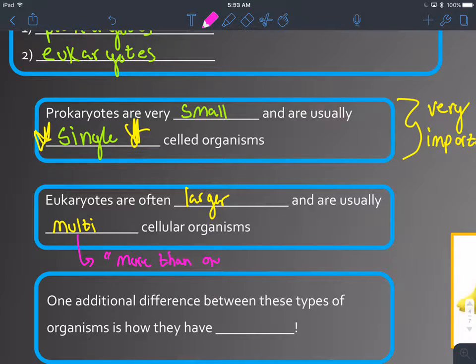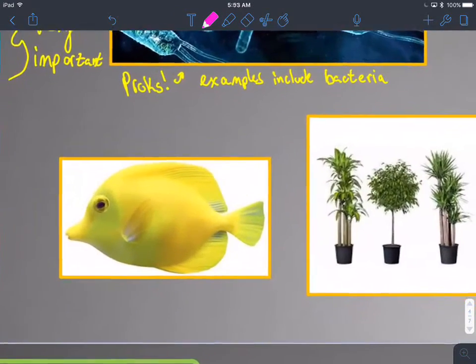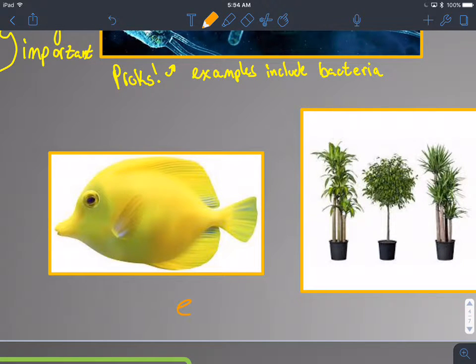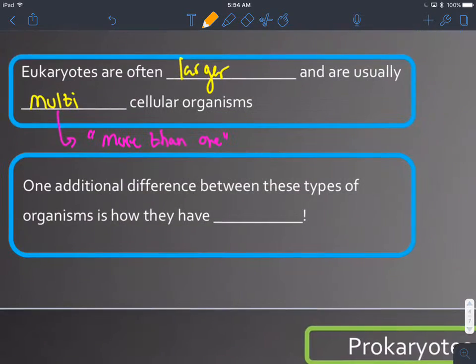So when you think of multicellular organisms, here's some examples of eukaryotes. Fish, plants, us, we are eukaryotes. One additional difference between these types of organisms is how they have sex.